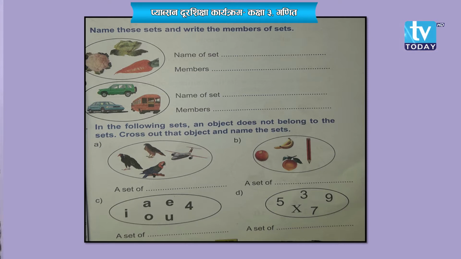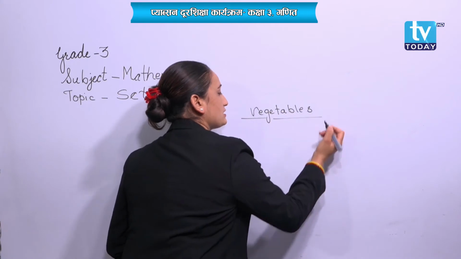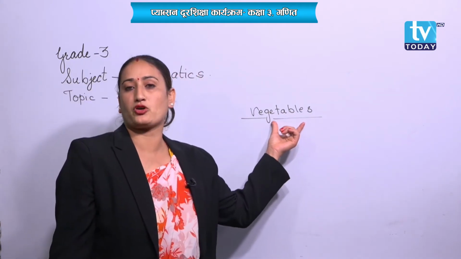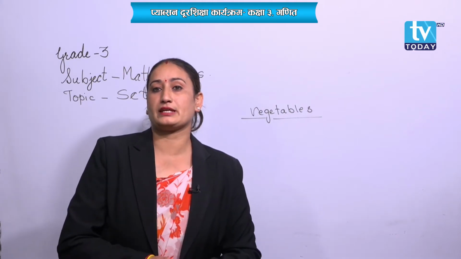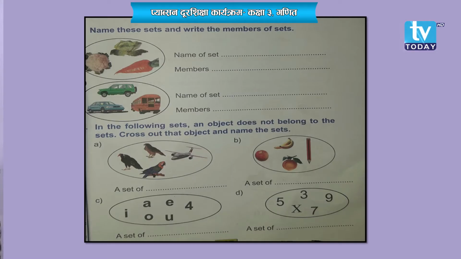Can you give the name of that set? The name of the set is vegetables. Just fill up that box. Vegetables. And what are the members of that set? You have to write it: cabbage, cauliflower and then carrot. Can we write the member names this way?